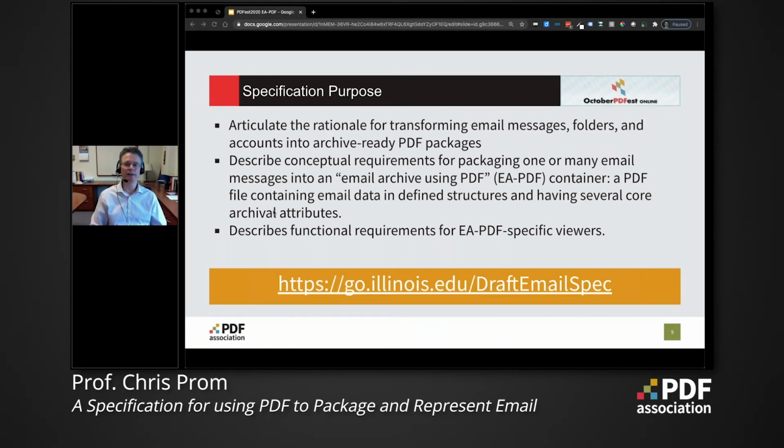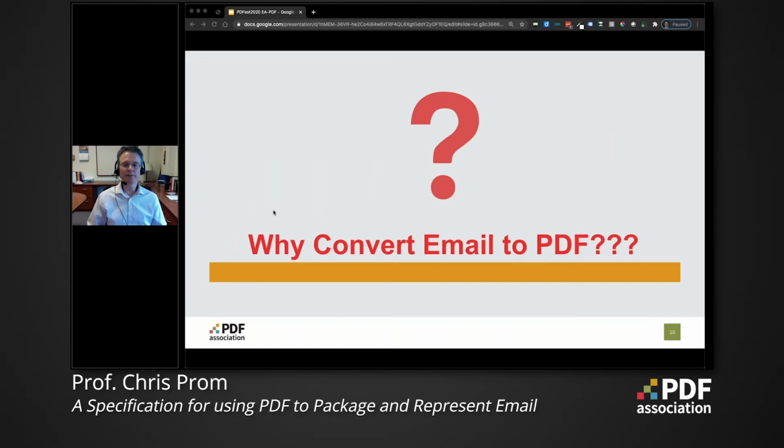The format recommendations themselves that we lay out provide for viewing of eAPDF in legacy viewers and viewers that already exist, as well as recommending the potential of building out eAPDF specific viewers, which would leverage the structured nature of the package profile and format that we're recommending. So the big question, and sort of the elephant in the room, if you will, for my own community, is why convert email to PDF in the first place?